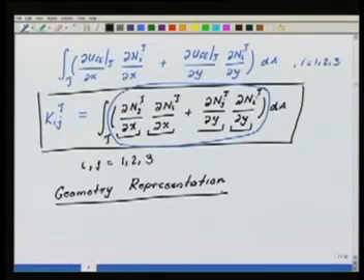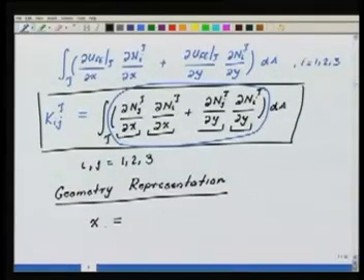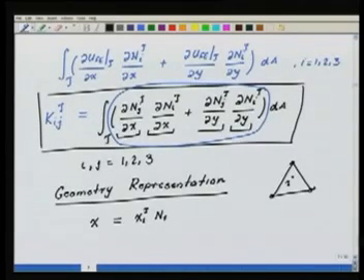The geometry is going to be represented by x being given in the interior of an element tau. If I want to find any point x, it will be given in terms of the coordinates of the endpoints of the element. So it will be given in terms of x1 tau as a linear interpolation, again n1 tau, plus x2 tau n2 tau, plus x3 tau n3 tau.